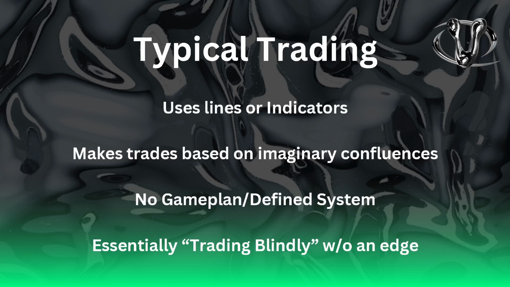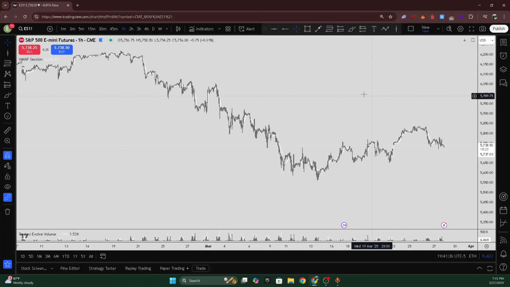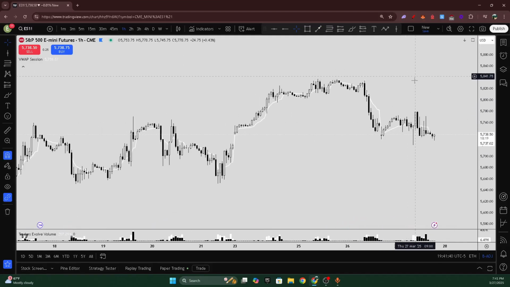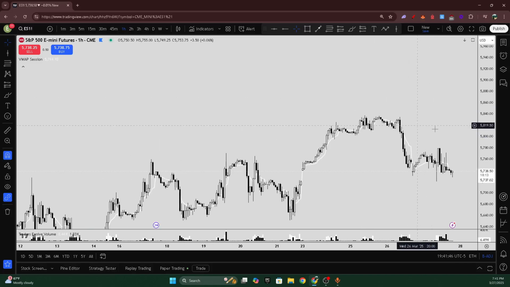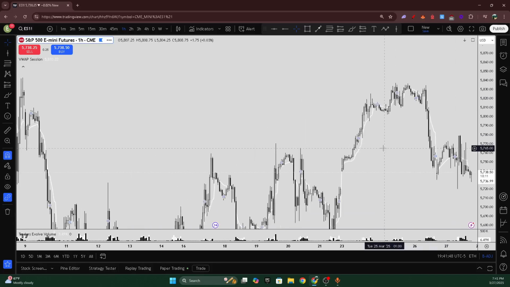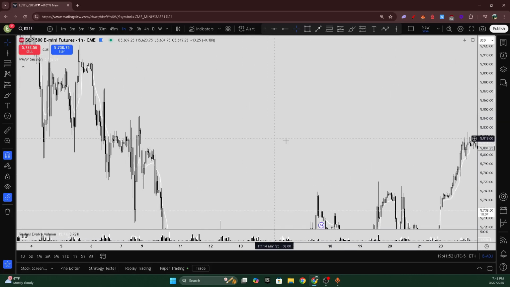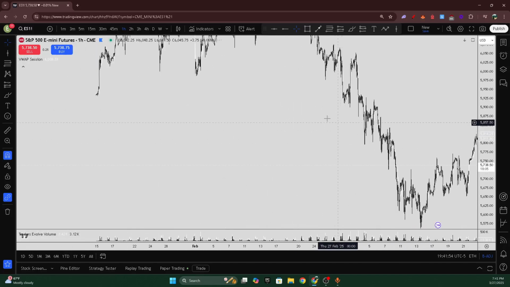So let's dive straight into the charts where I can show you some great examples within 5 seconds of opening up the charts. So right when I pull up the ES charts, let's see what we can find. I'm going to pretend like I'm the typical trader and exhibit traits of a typical trader as well, so you guys understand why so many of them fail, and I just want to show you what so many people do.